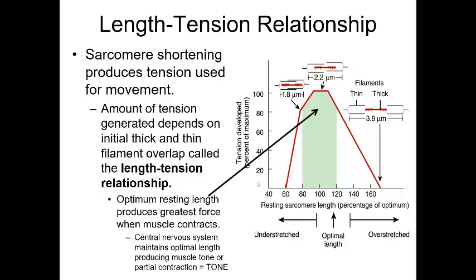And the amount of tension generated depends on the amount of overlap between the thick and the thin filaments. So look at this graph right here. On the x-axis is the resting sarcomere length, and the y-axis is the tension developed. So the optimum tension is when the sarcomere length is about 2.2 micrometers.